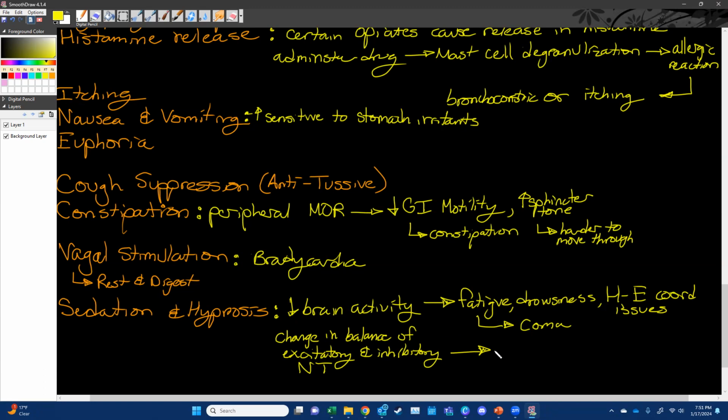It can lead to death, but in this case, we're talking about seizures. Seizures are a very, very, very complex event that happens in the body. Sometimes it's because you have too much excitatory, sometimes too much inhibitory, sometimes a combination of both. But really what it comes down to is that you have to balance this stuff, and opiates lower the seizure threshold. So it makes it easier to have a seizure.